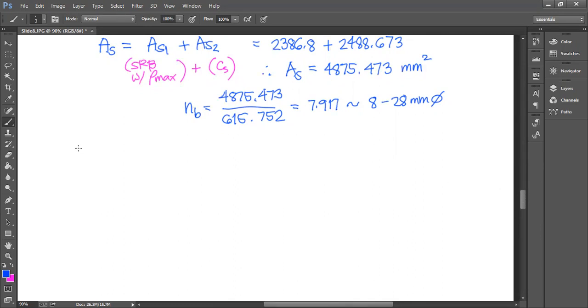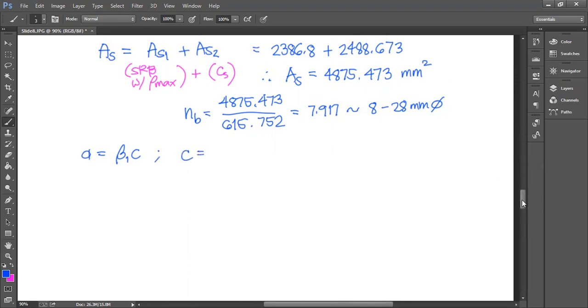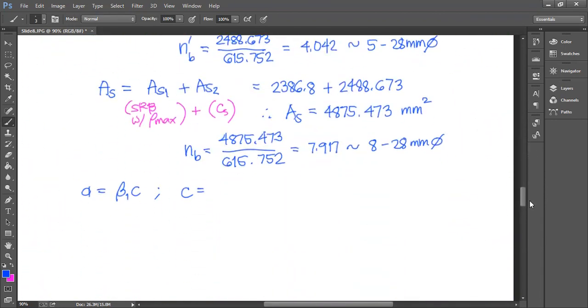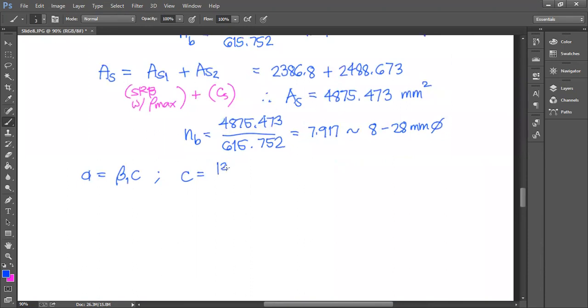Now, for the assumed value of C, kailangan natin alamin na yung A is equal to beta 1 C. Therefore, yung C, meron tayong value ng A kanina. Ang value ng A natin is 124.347 all over beta 1, which is equal to 0.85. So, meron tayong 146.290.